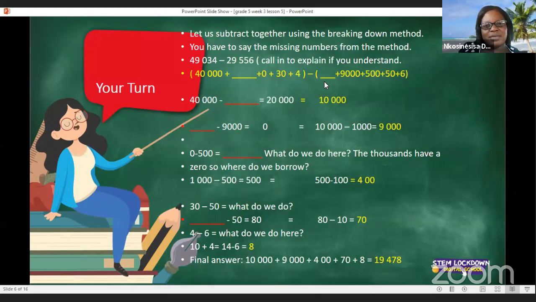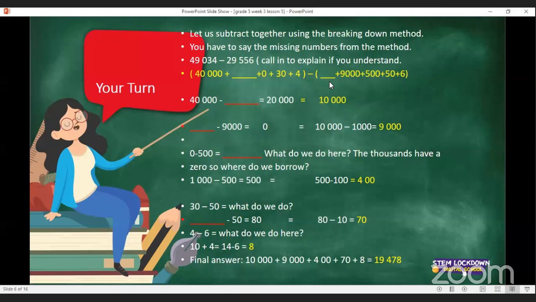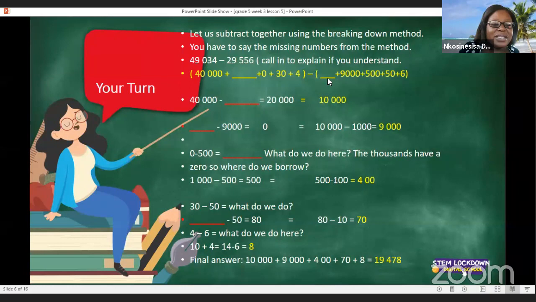And then which number is missing here? Okay, maybe we can unmute someone else just so we can save time. Thank you, Praise, for that answer. Let's hear someone else. Which number is missing here?